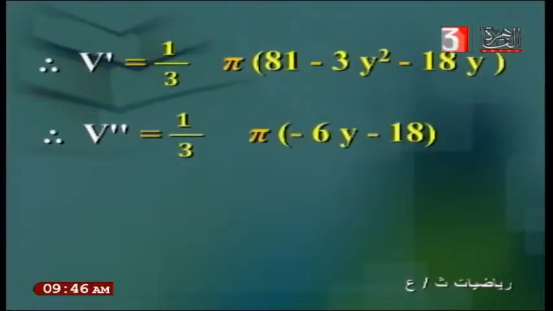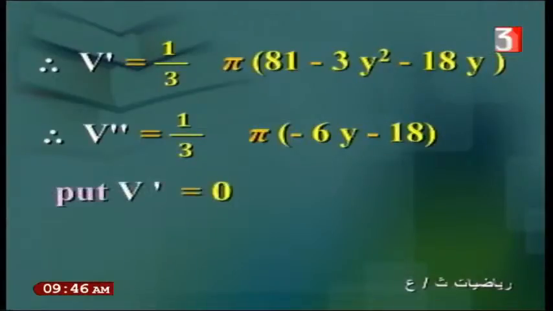Then V double dash equals one third pi multiplied by the derivative of 81, which is 0. The derivative of negative 3y squared is negative 6y. The derivative of negative 18y is negative 18. Then V double dash equals one third pi multiplied by, between two brackets, negative 6y minus 18.